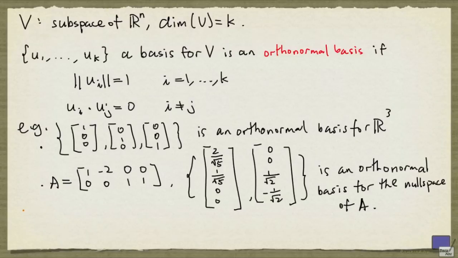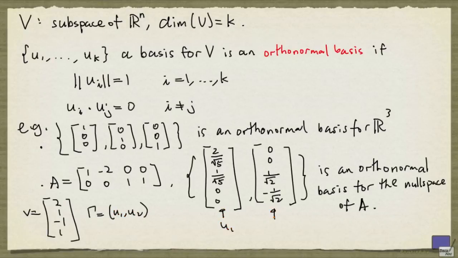So for example, if we look at the vector v equals 2, 1, minus 1, 1, and if we let gamma be the ordered basis u1, u2, where this here is u1 and this here is u2, then to obtain the tuple representation of v with respect to gamma, we take u1 dot v as our first component, and you can see that it's going to be 4 over the square root of 5 plus 1 over the square root of 5, and that's the square root of 5.